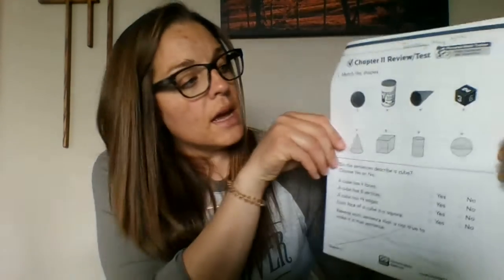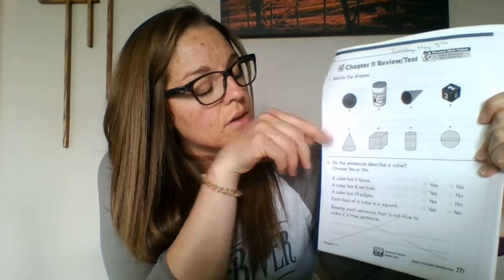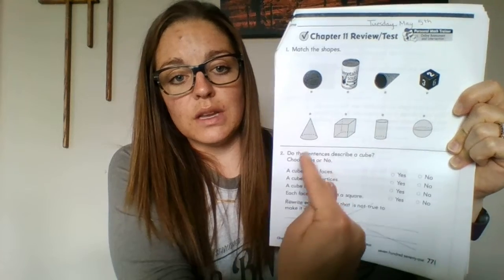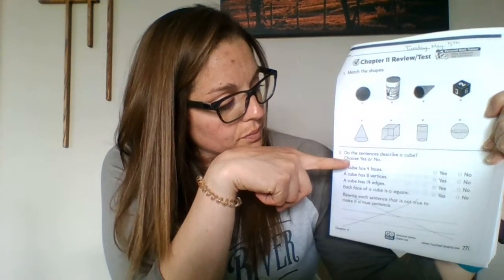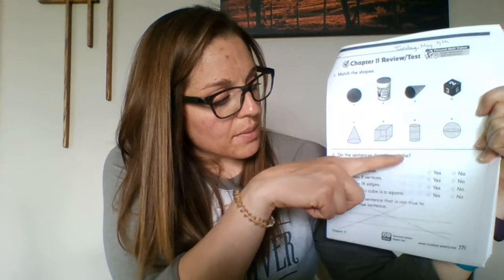All right, so on your review, the first thing you're going to do on number 1 is match the shapes. So you're going to match the everyday object you might know to the 3D shape it would be. Number 2, do the sentences describe a cube?